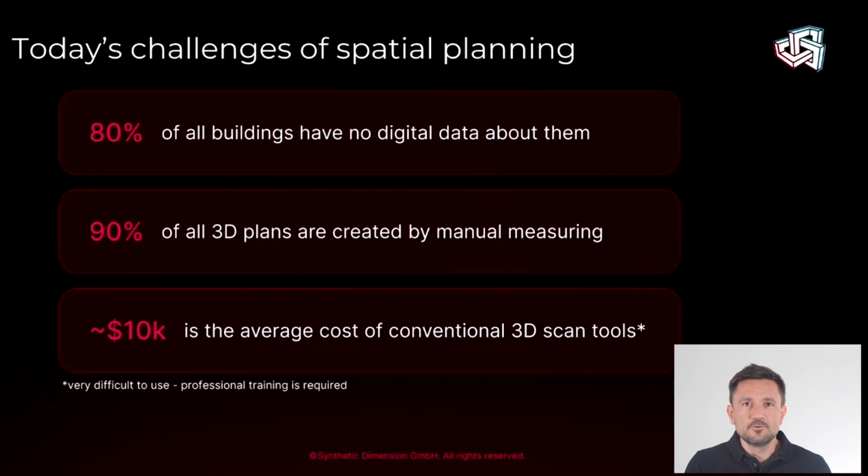Furthermore, professional equipment used for 3D scanning is very expensive, bulky, and requires specific training to use. And these challenges are just the tip of the iceberg. Now, how can we solve all of these pain points?